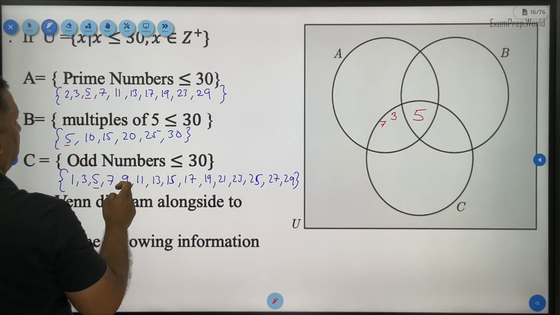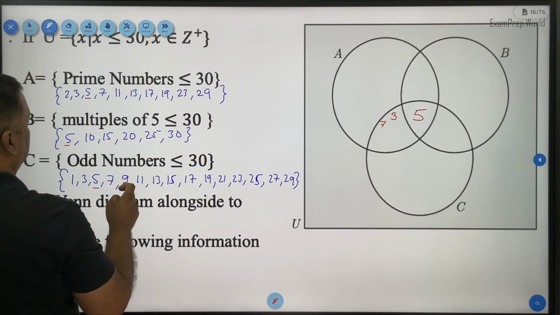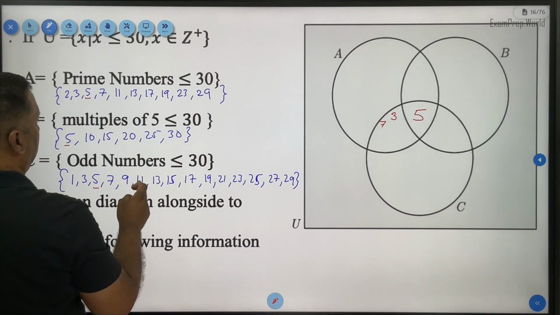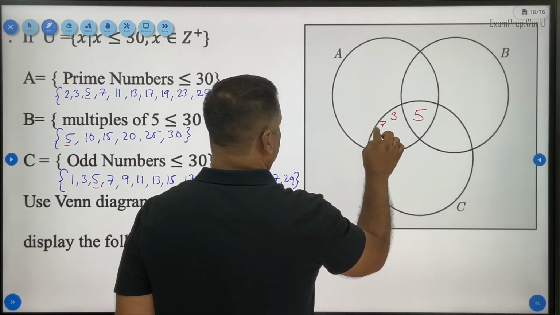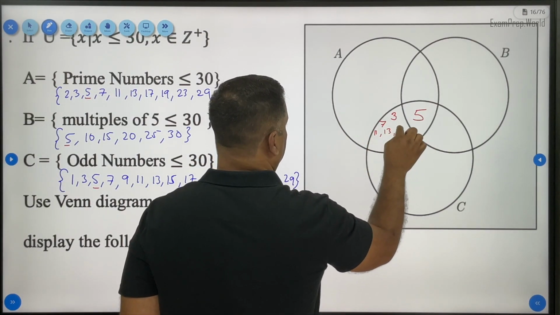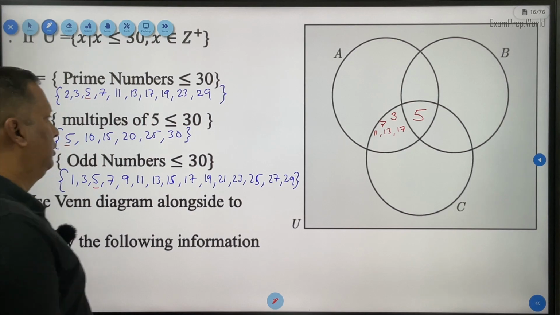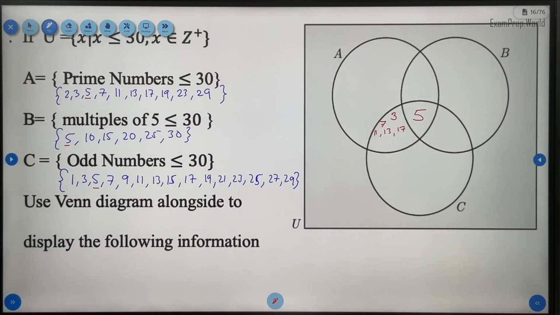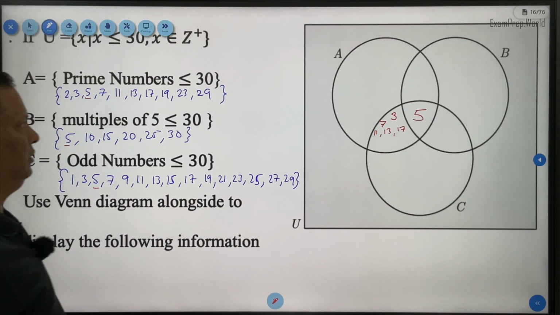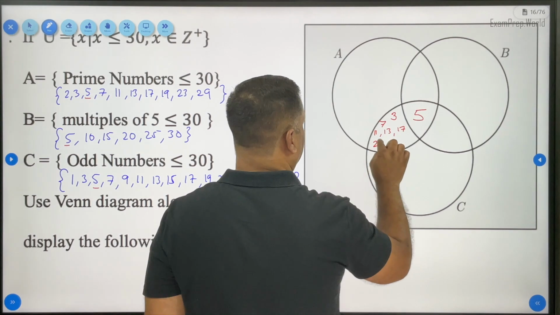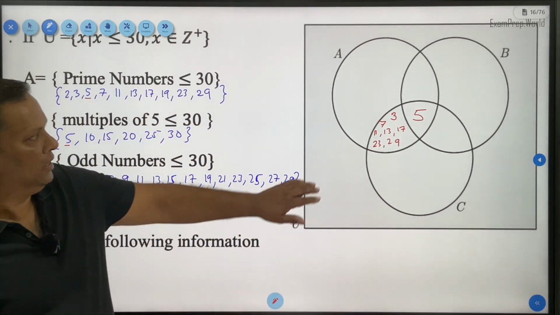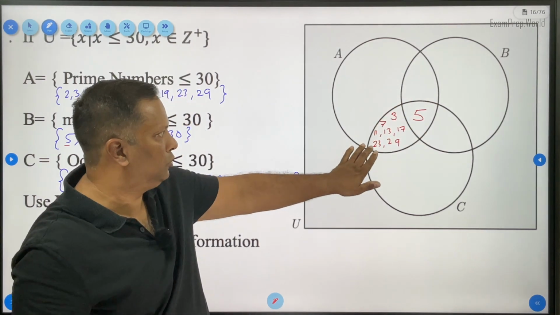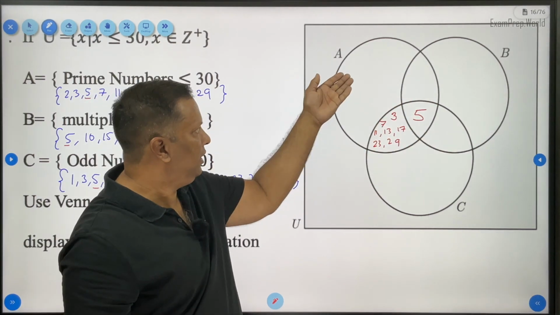Then go for 11, 13, 17. Then 23 and 29. So all these elements inside this particular zone are common between A and C.